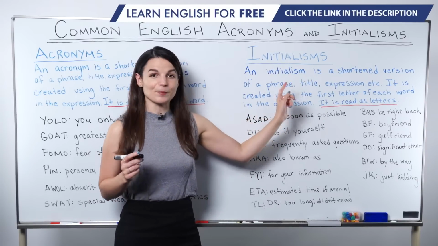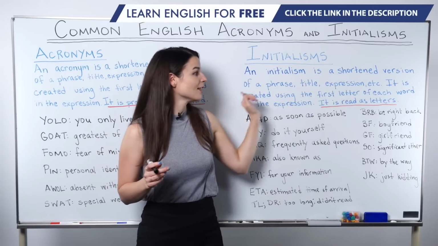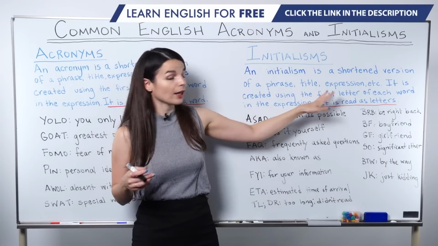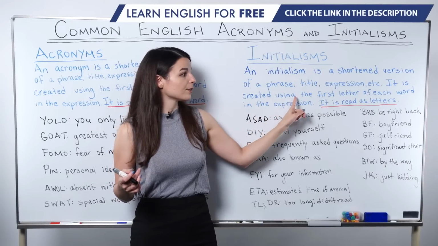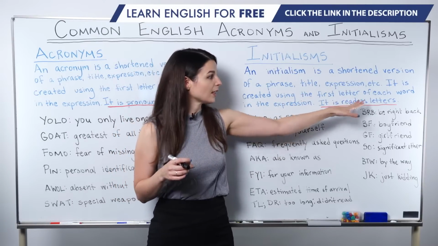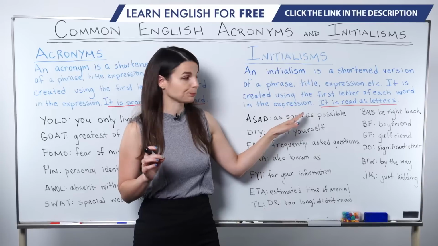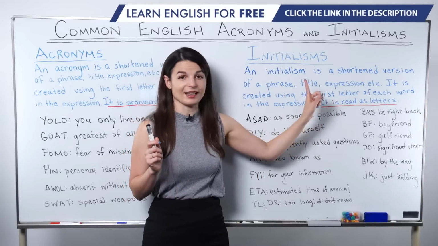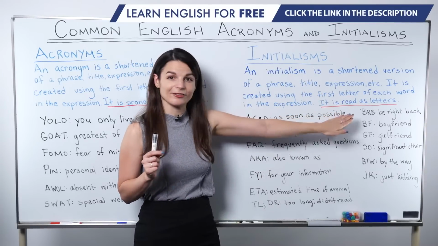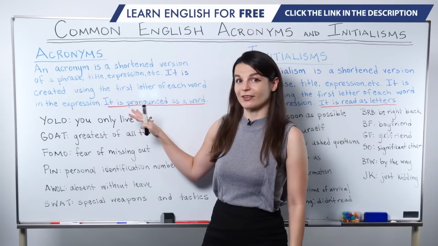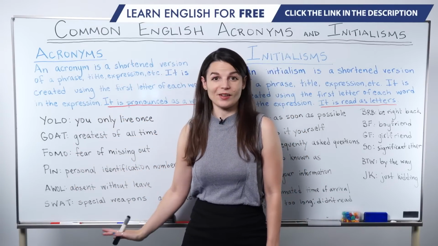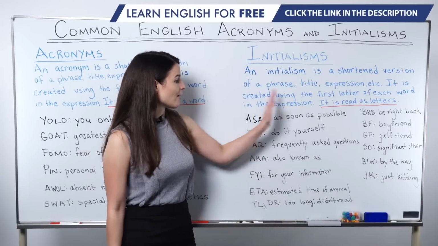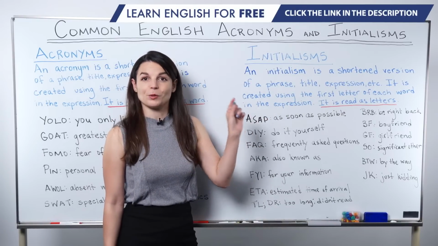An initialism is a shortened version of a phrase, title, expression, and so on. It is created using the first letter of each word in the expression. It is read as letters. This is the key difference from this first group of acronyms here. We read these as words, FOMO, PIN, AWOL, and so on. These, however, are read as individual letters.